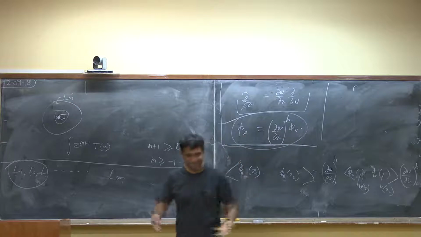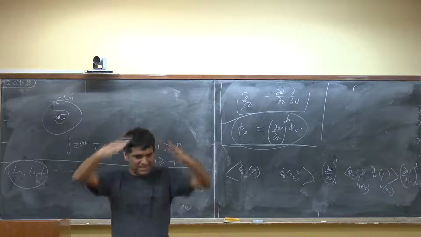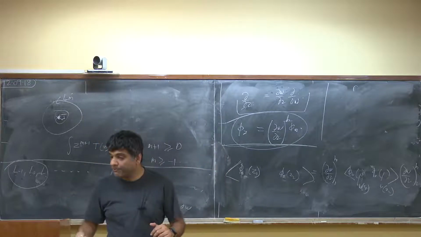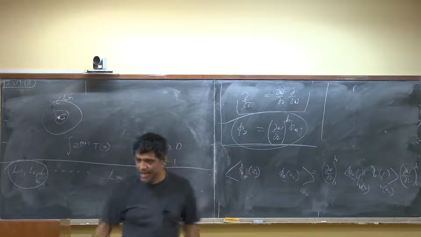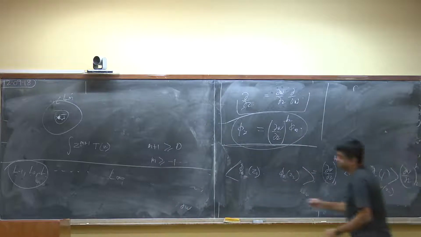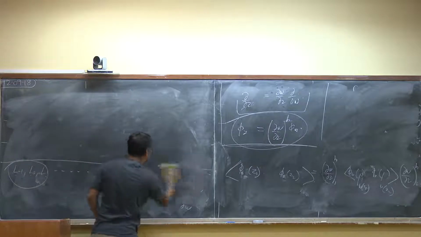We will see that all conformal field theories have special operators like this. There always exist such operators, is what I want to say. Now, there are two or three things I want to do.